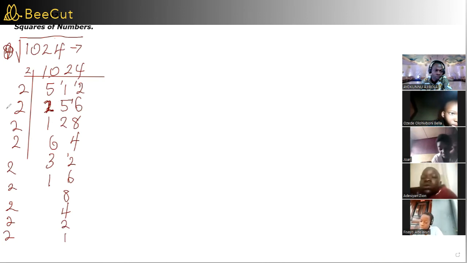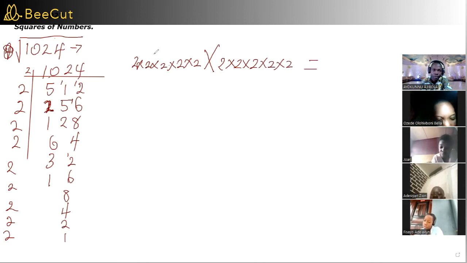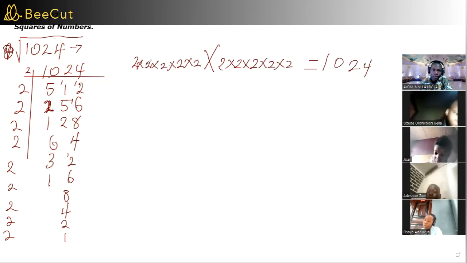So you can see families of 2 here. How many 2? 1, 2, 3, 4, 5, 6, 7, 8, 9, 10. So we have 2 in 10 places. That is going to be 2 times 2 times 2 times 2 times 2. That's 5. Then multiply by 2 times 2 times 2 times 2 times 2. We have this to give us 1024.